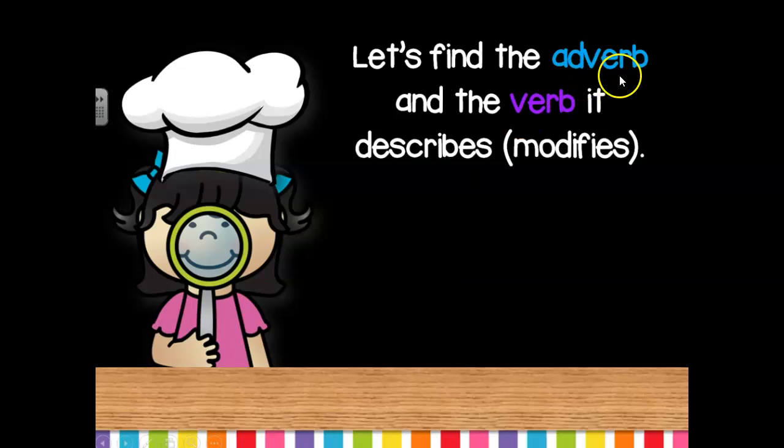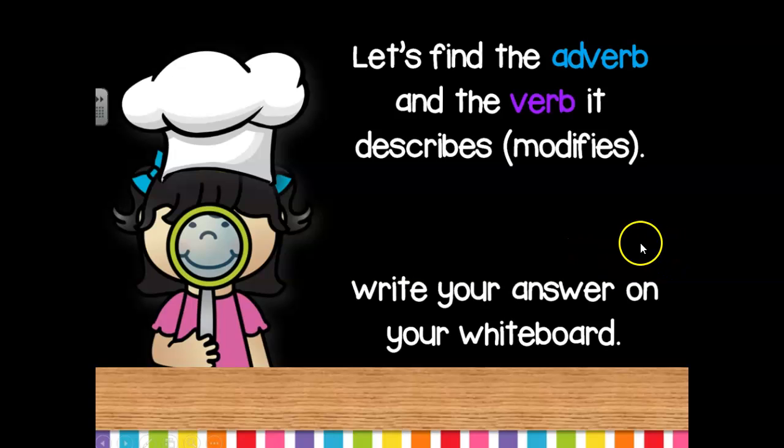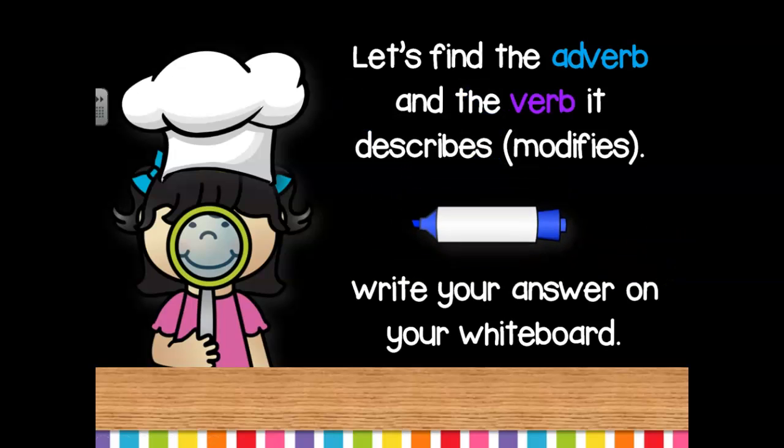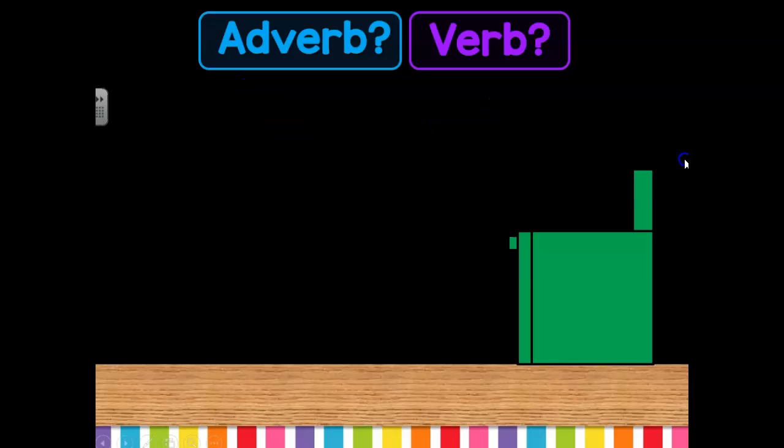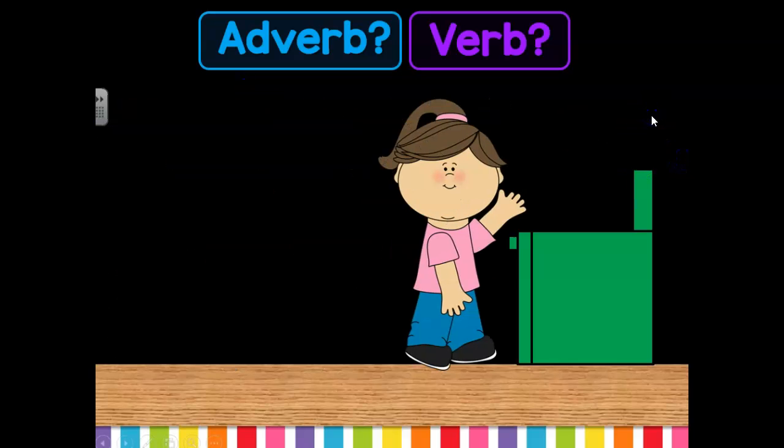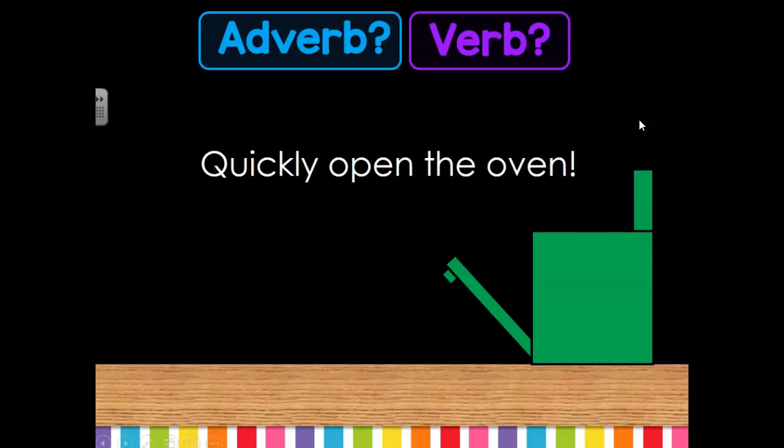Now, let's find the adverb and the verb it describes or modifies. If you have a whiteboard, you may write your answer on your whiteboard. All right, adverb and verb. Let's go. Quickly open the oven.